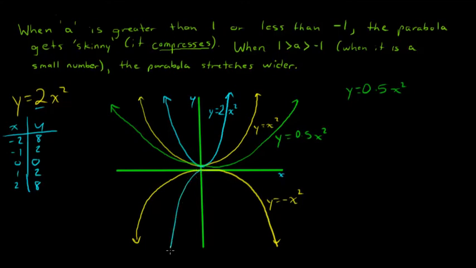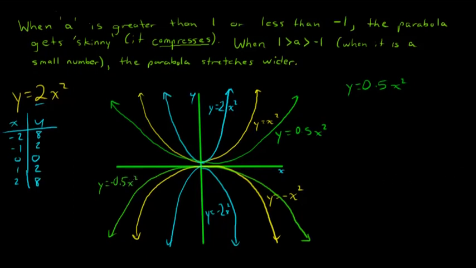So we might have something like this for y equals negative 2x squared. And we might have something wider like this for y equals negative 0.5x squared.